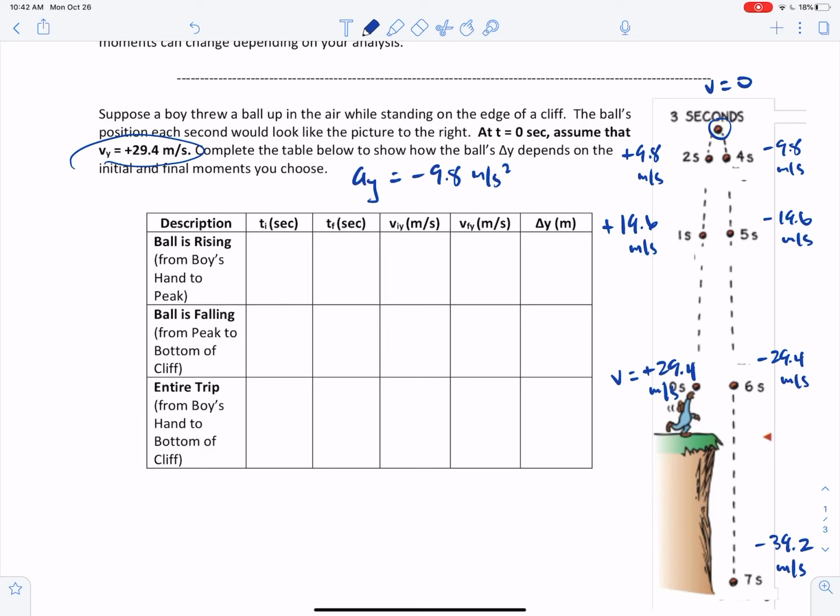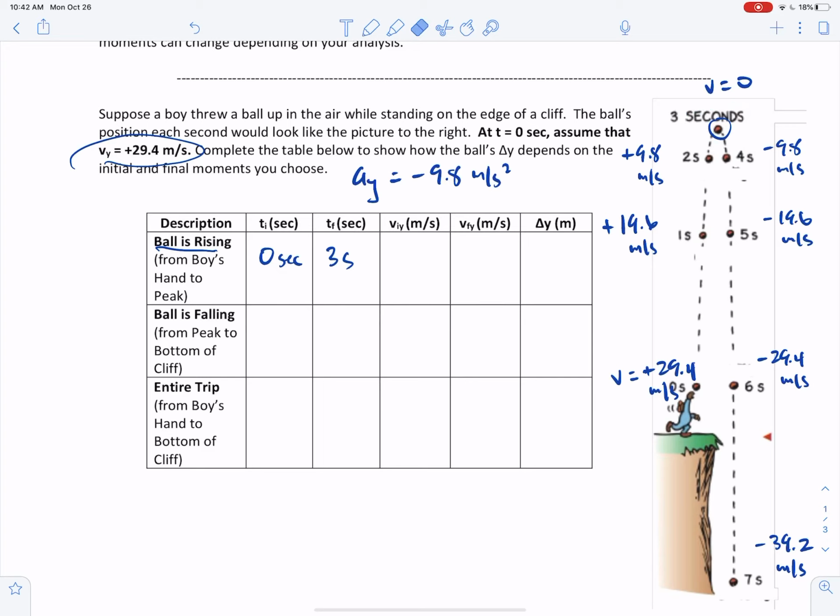Okay, so now that we've outlined the velocities each moment in time, let's take a look at this data table. So when the ball is rising, we've got an initial time and a final time. While the ball is rising, the initial time is going to be the 0 seconds in the picture, right? That's this moment. The final time while the ball is rising is going to be here at the top, right? That's the end of the rising motion. So that's going to be 3 seconds, right?